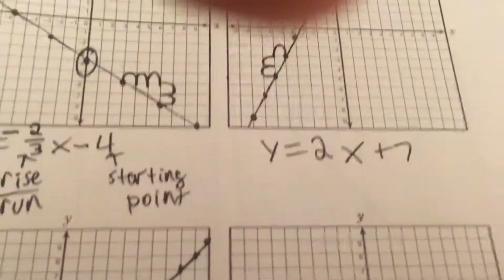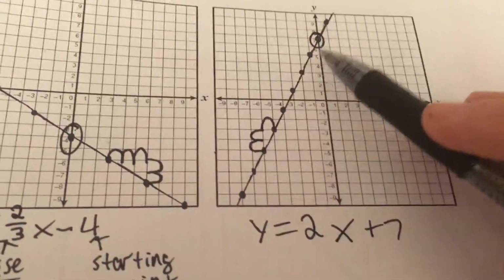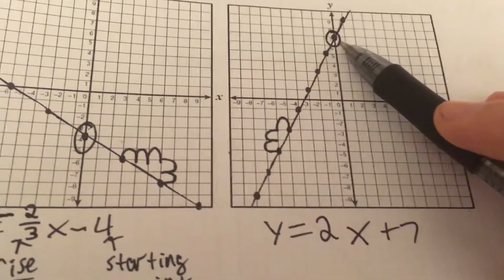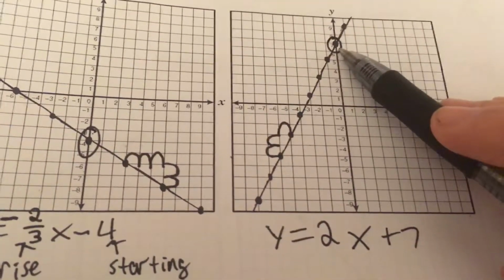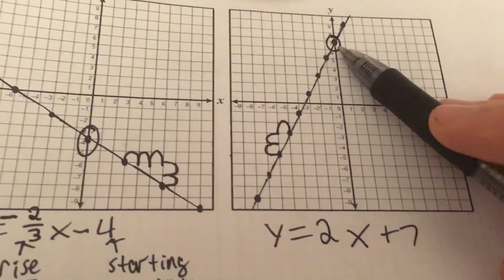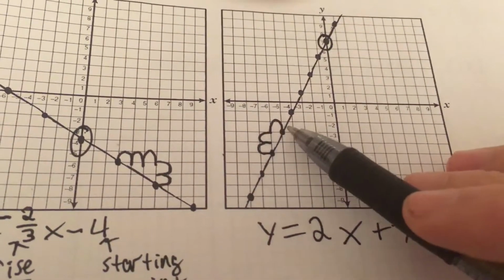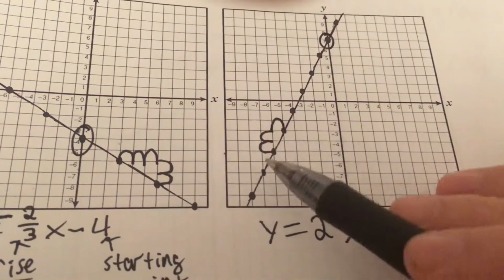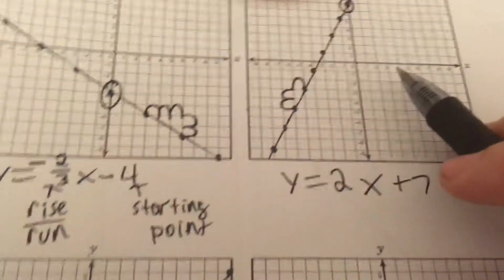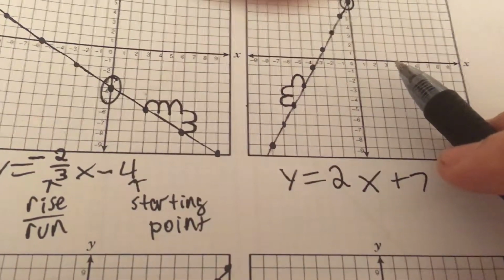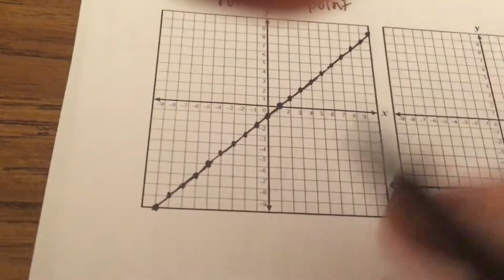All right, I've got it done. I think this is my starting point. I won't say it out loud because I think that some might still be working. Here's my rise over run. I think it's a positive slope. Okay, everybody try this one.